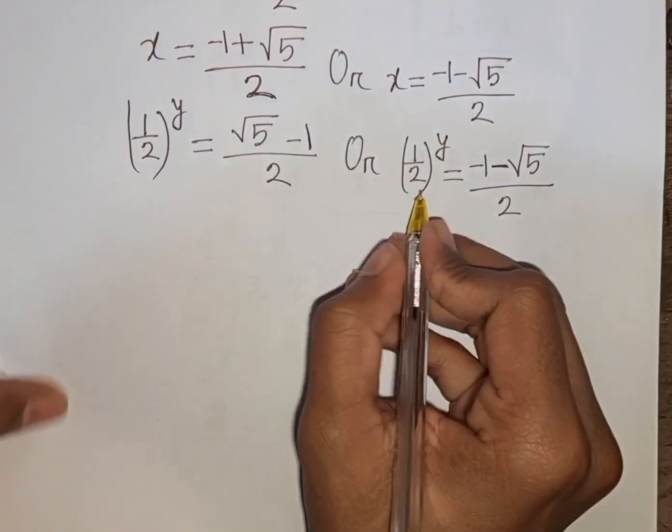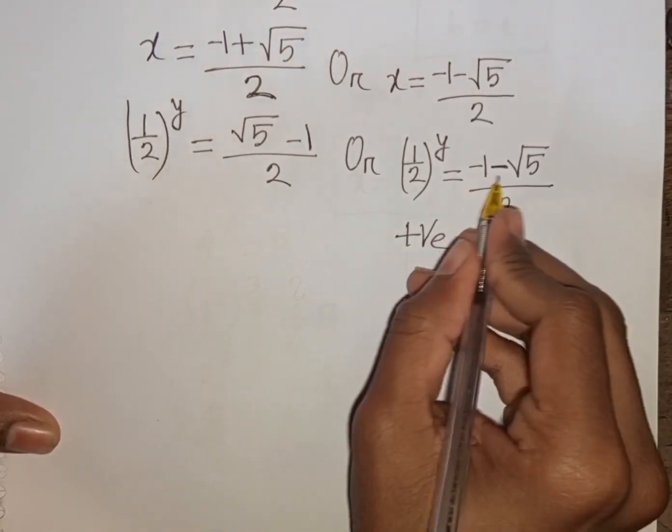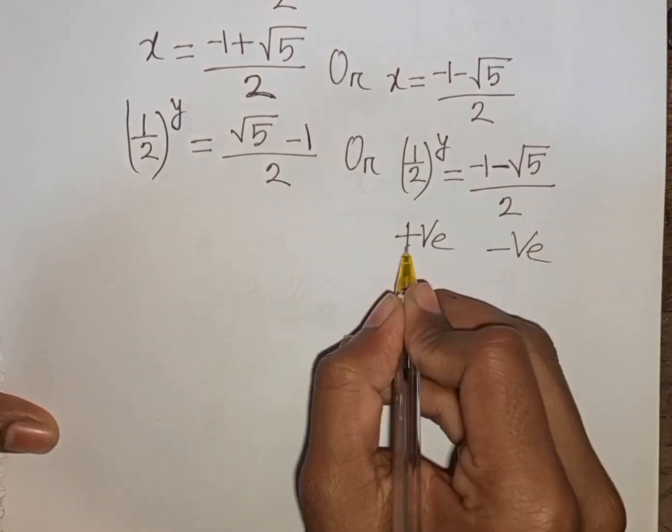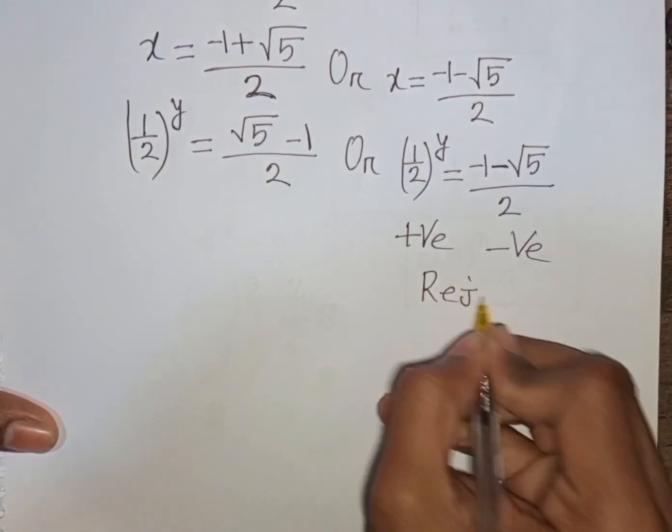Now we see (1/2) to the power of any number is always positive, but this must be negative. So positive cannot be equal to negative, so this is rejected.